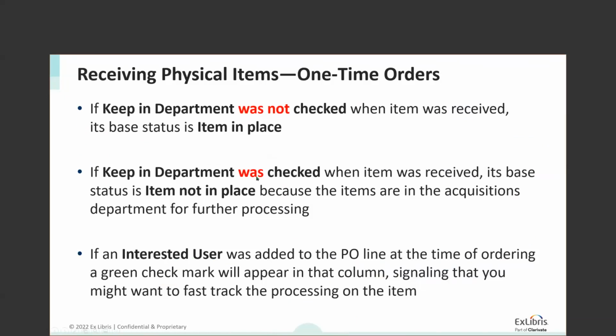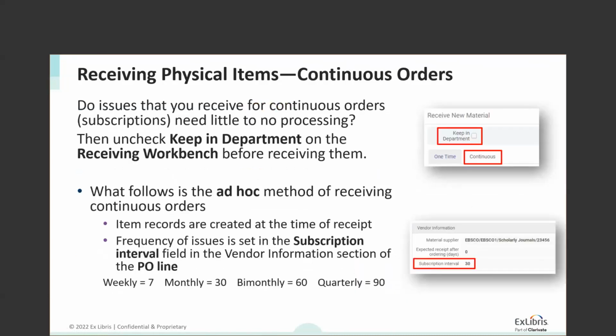If keep in department was checked when the item was received, the base status is item not in place because the items are in the acquisitions department for further processing. If that interested user was added to the PO line at the time of ordering, you'll see that little green check mark. Might want to fast track that item through processing. Okay, so that's receiving our one-time orders.